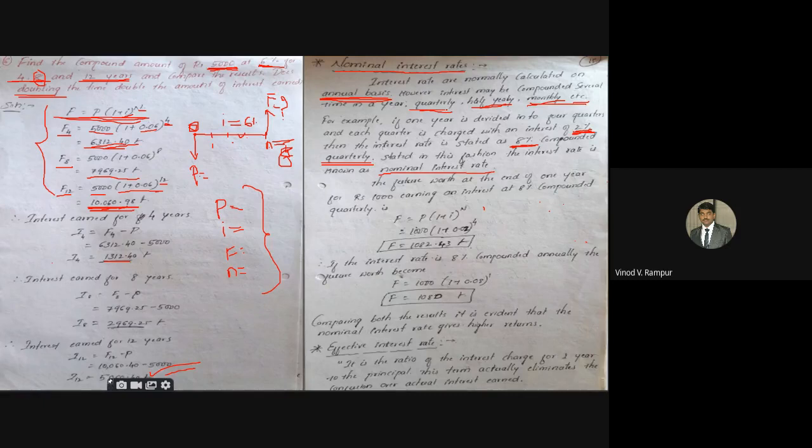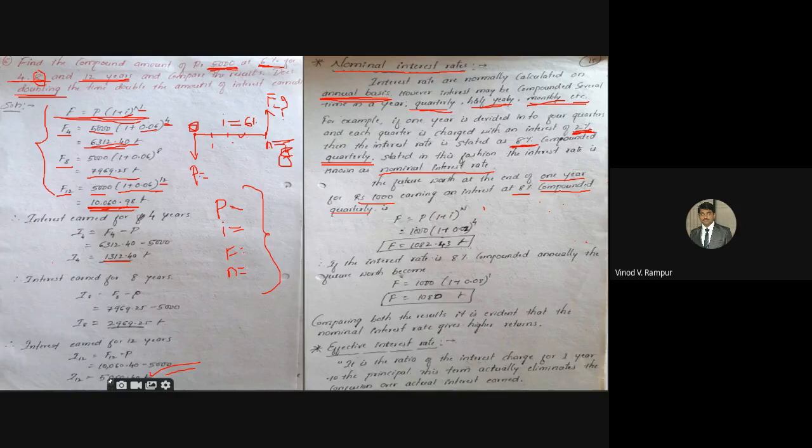And sometimes we calculate, as I told in the last class, the exact simple interest in terms of days. The future worth at the end of 1 year for 1000 rupees earning an interest of 8% compounded quarterly.